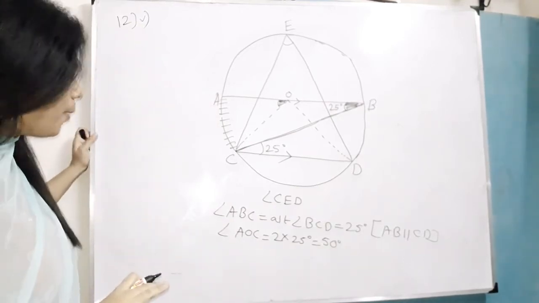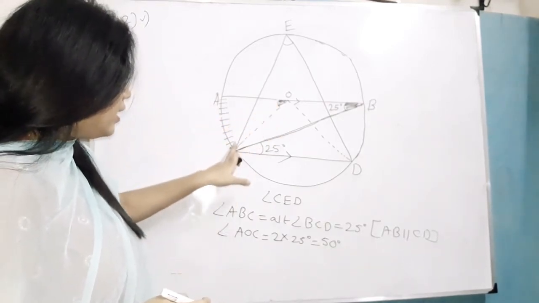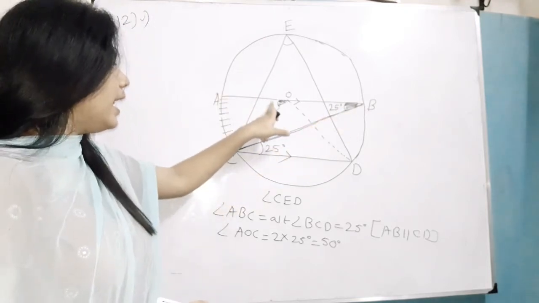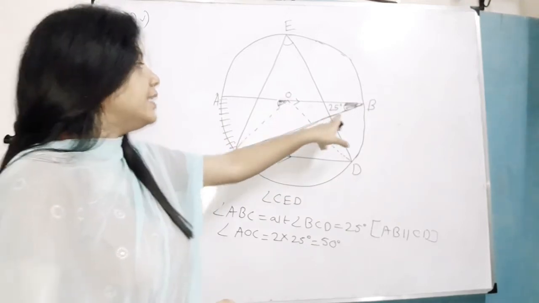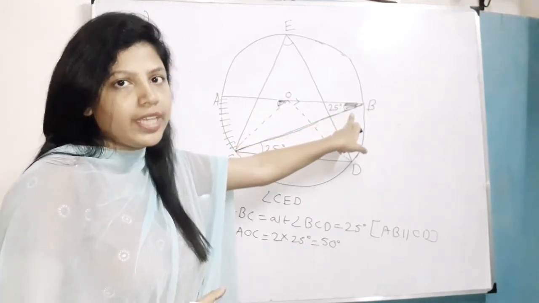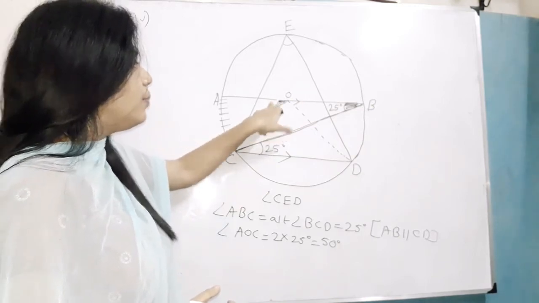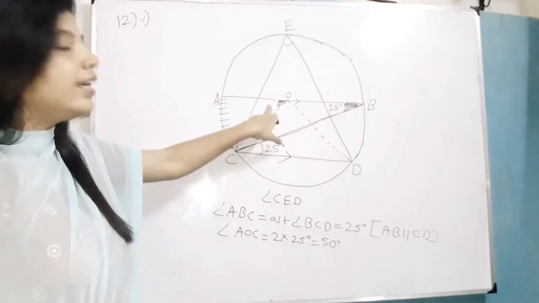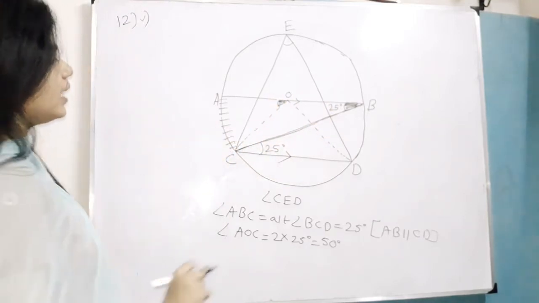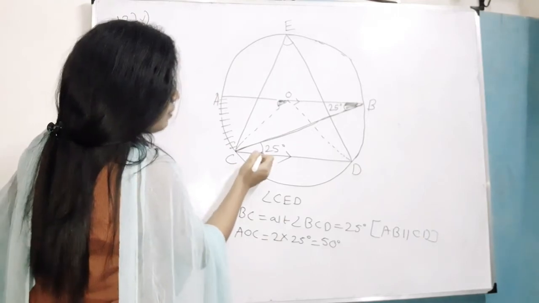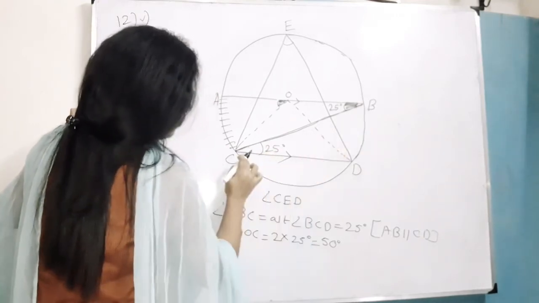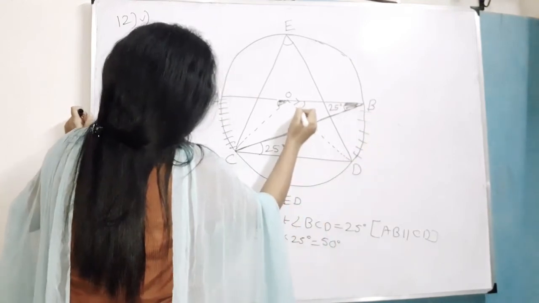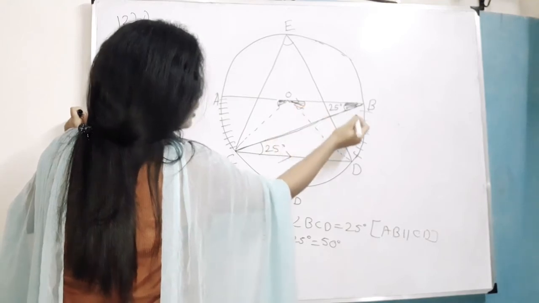Please observe this properly, that angle AOC and angle ABC both are there. Since angle AOC is the central angle and the other is the angle at the circumference, the central angle will be double of this angle. So if it is 25, that one will be 50 degrees. Similarly, this one is 25, so this angle, angle BCD lying on the arc BD, means angle BOD will also be double of that.